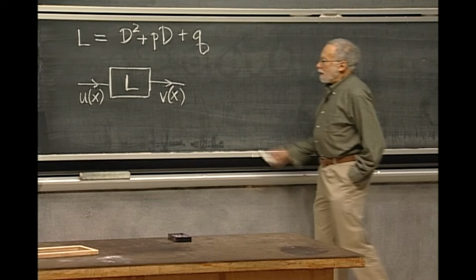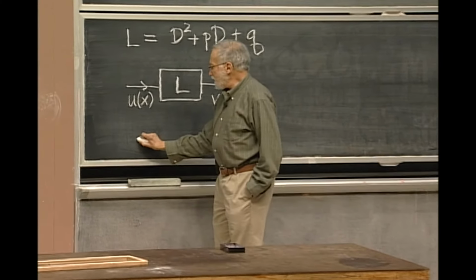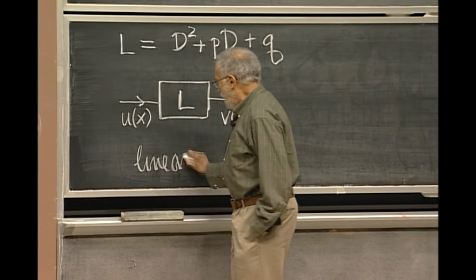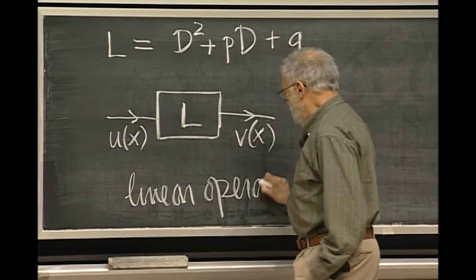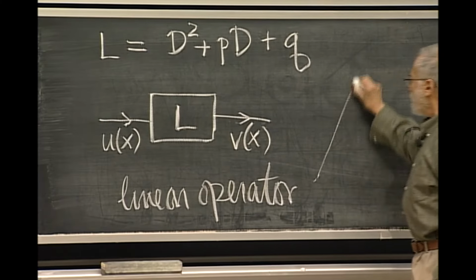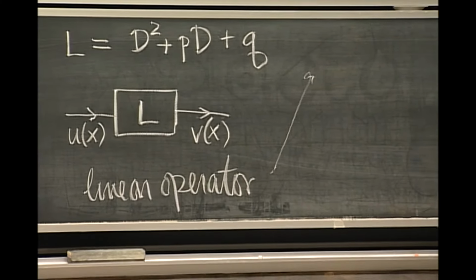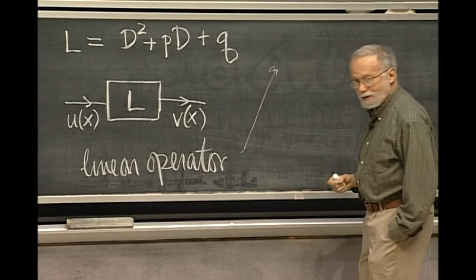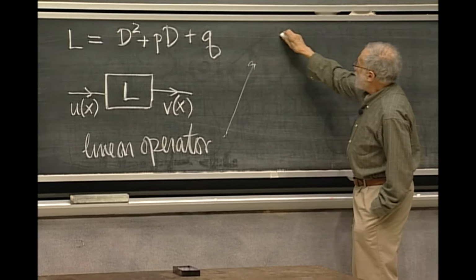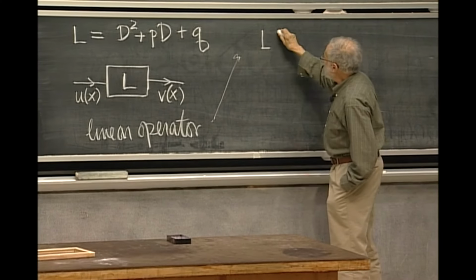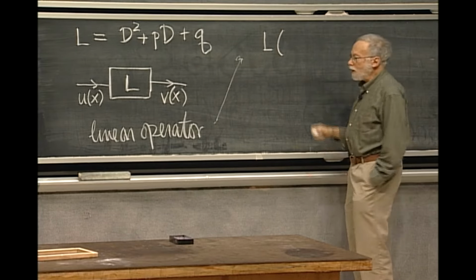Now, the key thing about this is that it is a linear operator. And what that means is that it behaves in a certain way with respect to functions. The easiest way to say it is, I like to make two laws of it.